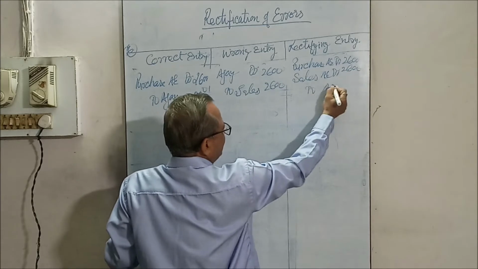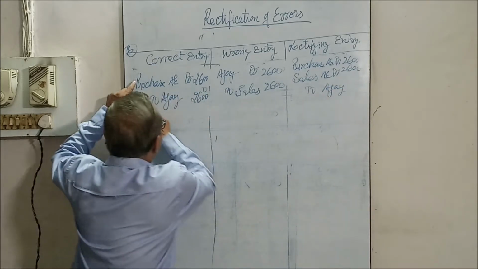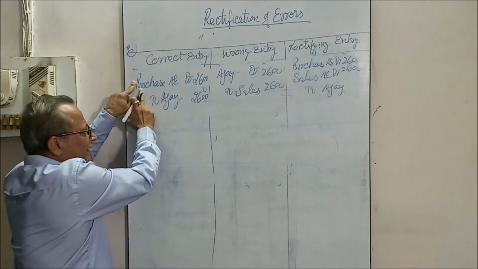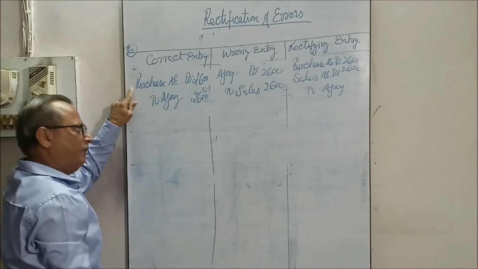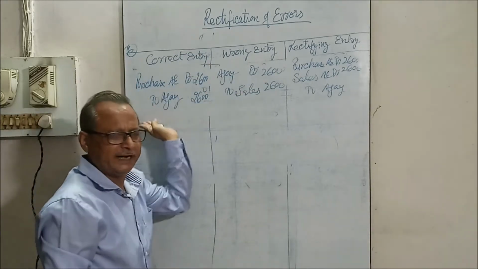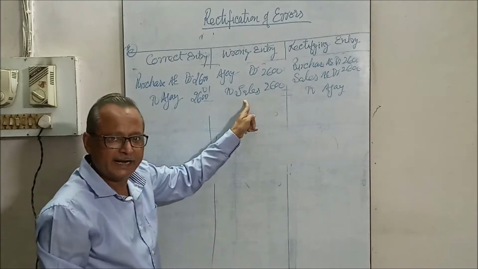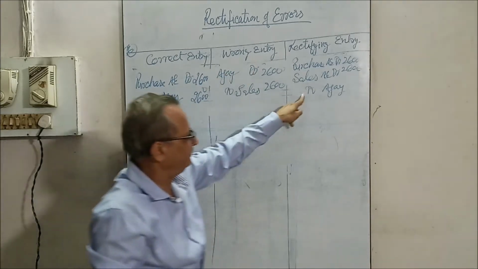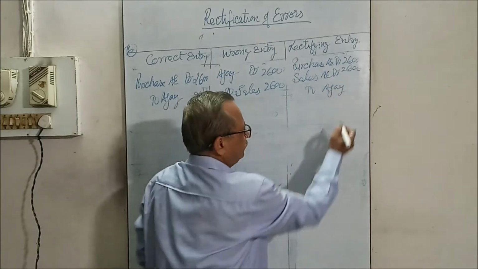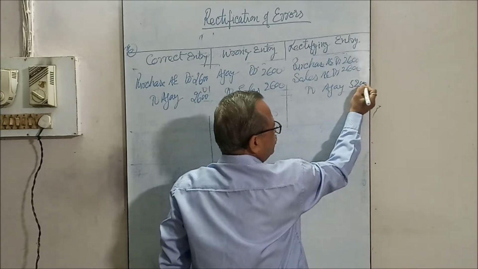To Ajay should be credited. Purchase should be debited, Ajay should be credited. Sales should not be credited, so reverse it, debit it. Total amount credited to Ajay is 5200.